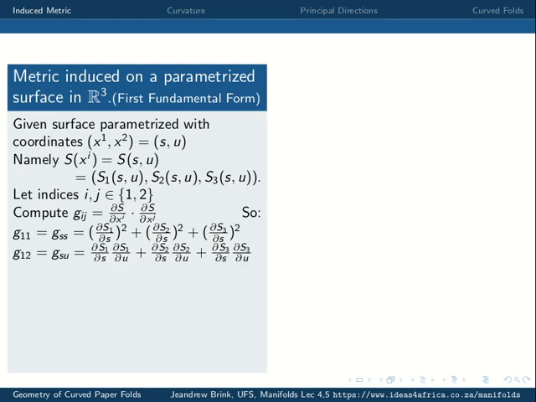And this G12 is then the derivative of big S with respect to S, dotted in with the derivative of big S with respect to U. And so you have this second term, and then G12 is equal to G21, and then the final one is G22, which is simply GUU, so it's the derivative of S with respect to U dotted in with itself. So it's the norm of that thing.